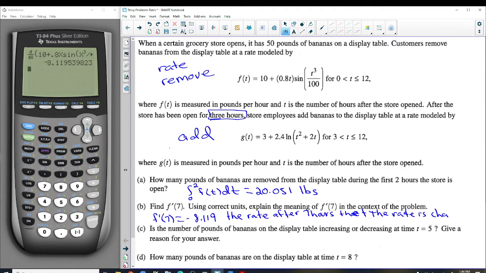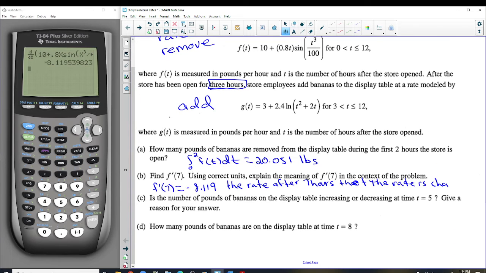All right. C, is the number of pounds of bananas on the display table increasing or decreasing at time t equals 5? Well, the rate at which the table is changing is g of t minus f of t.